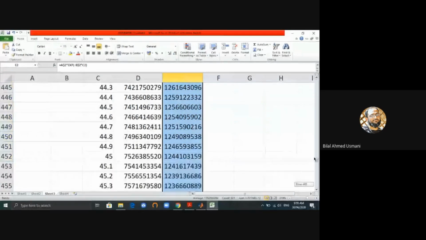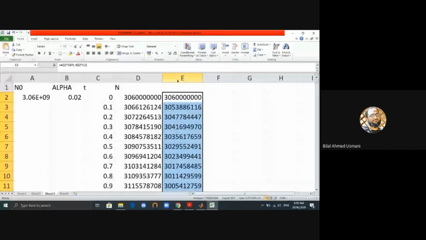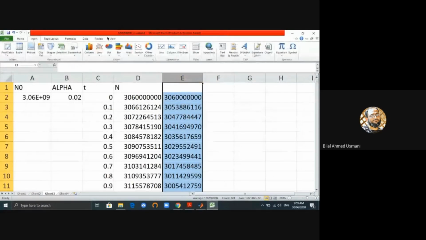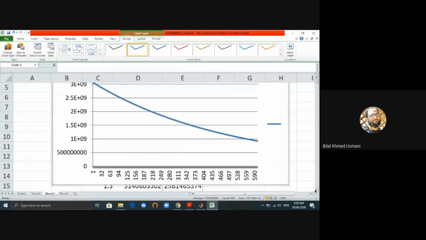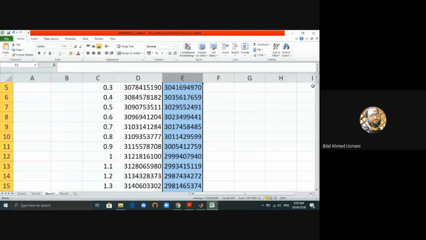So if I plot this, you can see the exponential decline. We started with 3 into 10 to the power 9, and we are almost below 1 into 10 to the power 9 or something. So this is called exponential decline. So when there is a negative sign, there is an exponential decline. When there is a positive sign, there is an exponential increase.